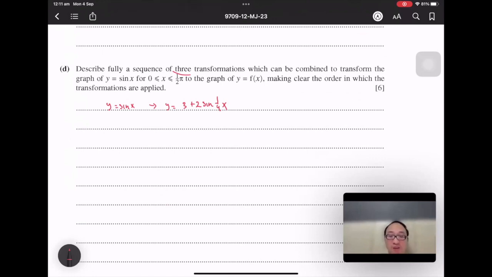If we have this kind of question, we have to do the stretch first. So we mention the stretch first.